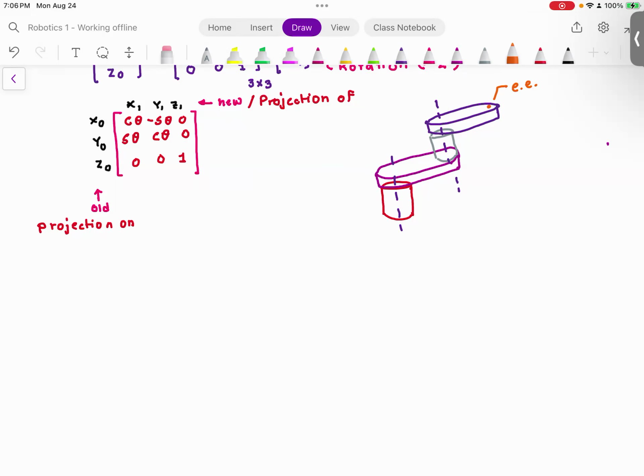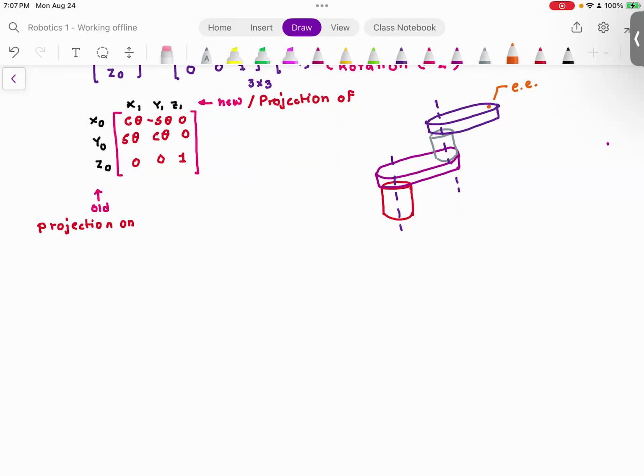Now, this robot may look different. I mean, the robot could be hanging upside down, mounted on the wall, or mounted on the ground. No matter how the robot is configured, we have to come up with a simplified representation. And that is called the kinematic diagram.